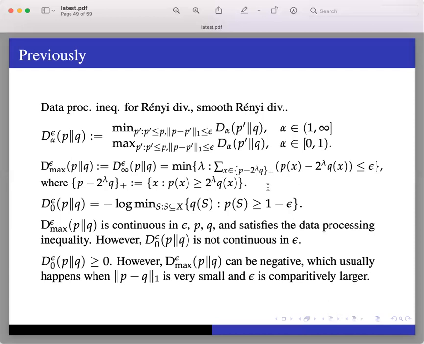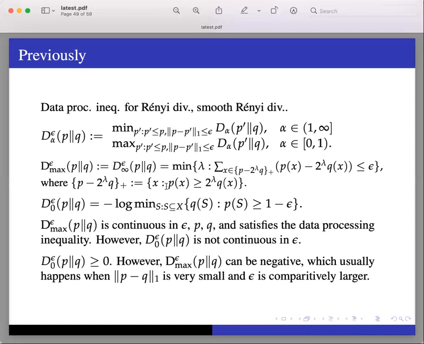The idea being that without smoothing, D infinity was just the maximum ratio of P(x) over Q(x). Now this ratio can be unnaturally large because of some pesky culprits x, which overall don't add up to much even for P. So there are these culprits x whose probability mass under P is less than epsilon, but whose probability mass under Q is much lower than that, so that the ratio is unnaturally large.